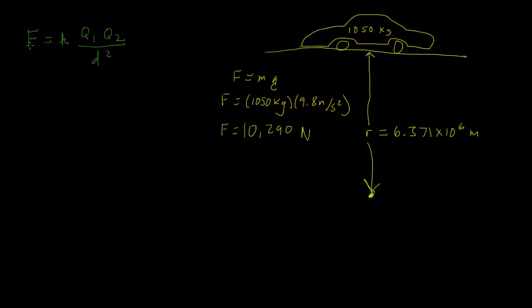So we will plug that in for the force. And let's recall that K in this formula is 9 times 10 to the 9th newton meters squared per coulomb squared. So that's what we'll plug in here for K.